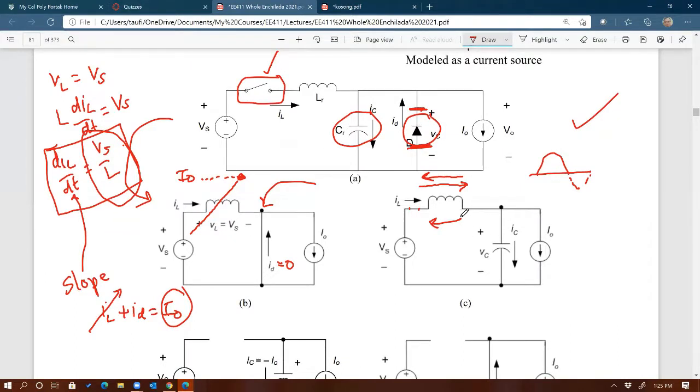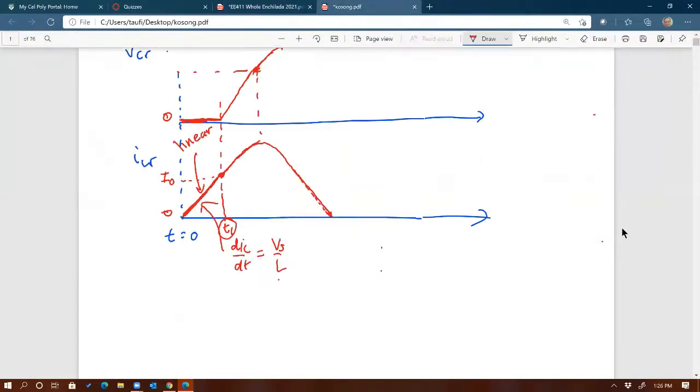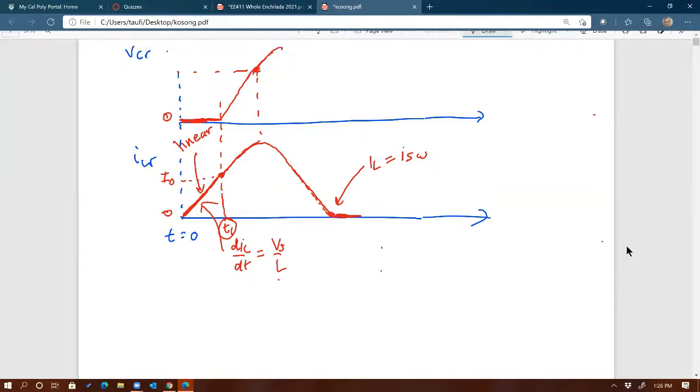Now you know why. We don't want to allow this inductor current, when it's resonating, to flow backward. We want to stop it. So if I go to this picture again, as soon as the inductor current, or switch current, IL equals I switch, goes to 0, it will stay at 0.